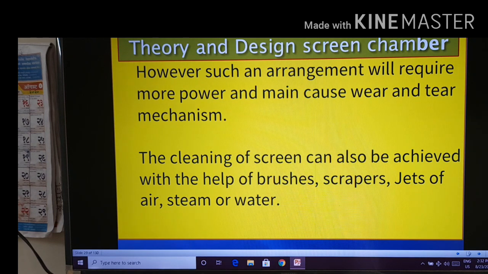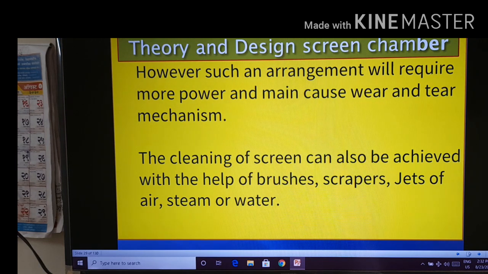The cleaning of screens can also be achieved with the help of brushes, scrapers, jets of air, steam or water.